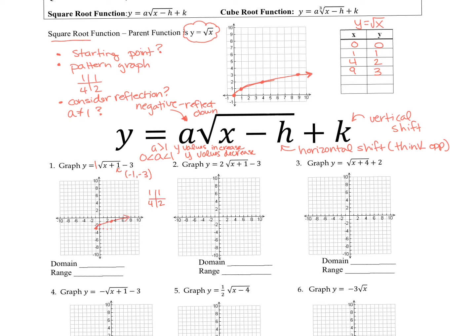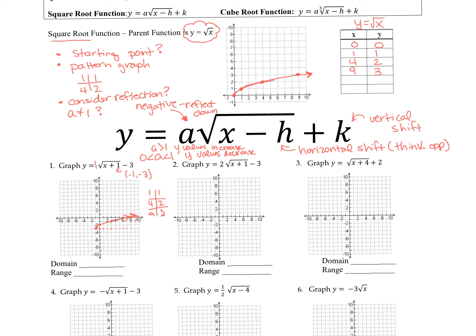You could here. It would fit. You could also add 9, 3 if you wanted to. So go back to your starting point, 1, 2, 3, 4, 5, 6, 7, 8, 9, and up 1, 2, 3, and you could see I was just about ready to hit that point. This would be my square root graph when it's been shifted down 3 and left 1.